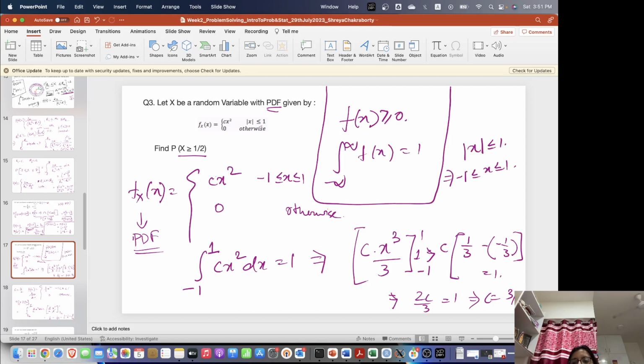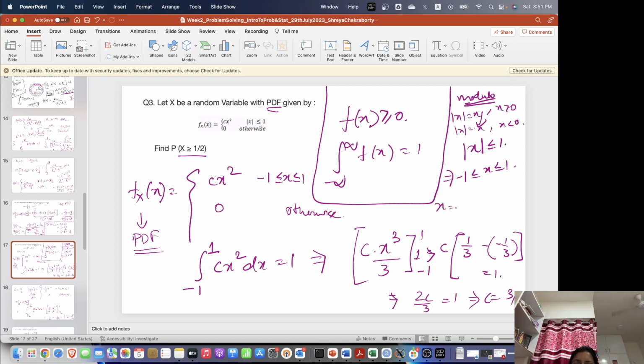Modulo means it will convert to an absolute value. So mod x equal to x when x is greater than 0 and mod x equal to minus x when x is less than 0. Okay, thank you, ma'am.